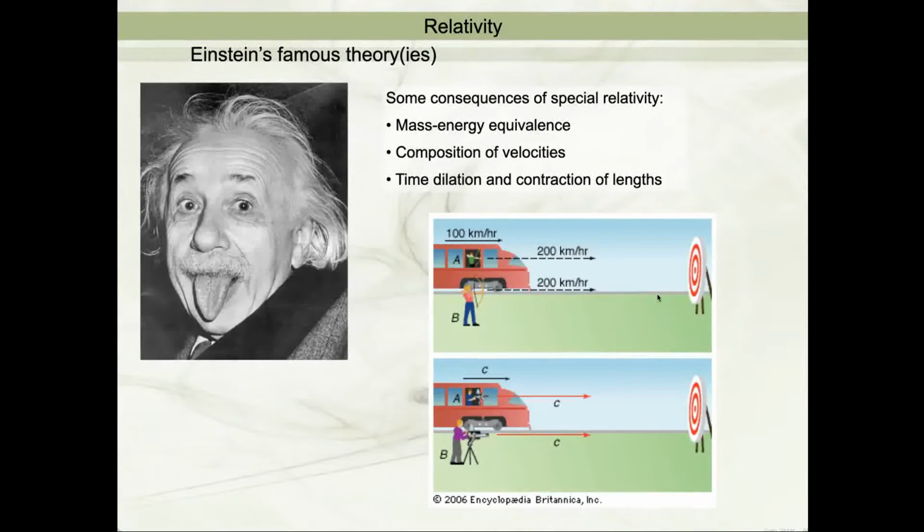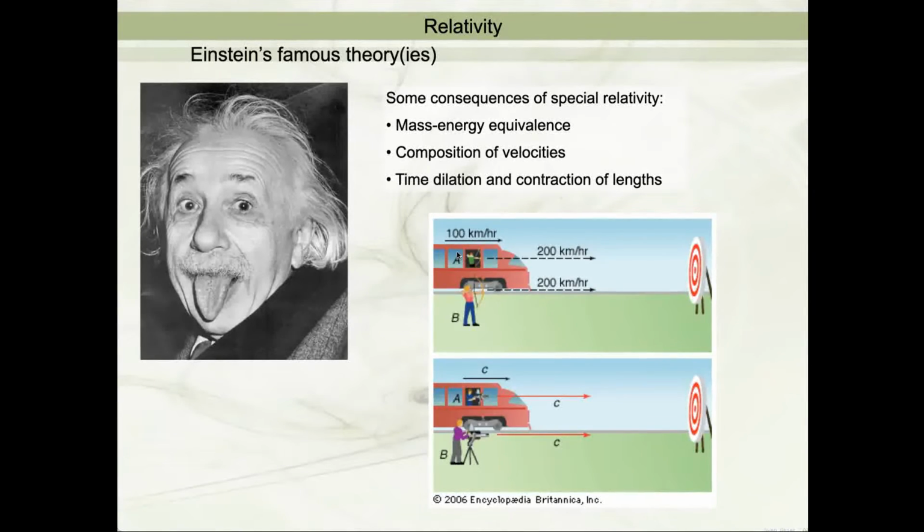So now if you were to look at the speed, if there was a radar gun or something that could measure the speed of the arrow as it goes towards the target, I guess you'd agree with me that the speed for the person on the ground would be 200 kilometers an hour. And for the person on the train, it would be compounded, right?